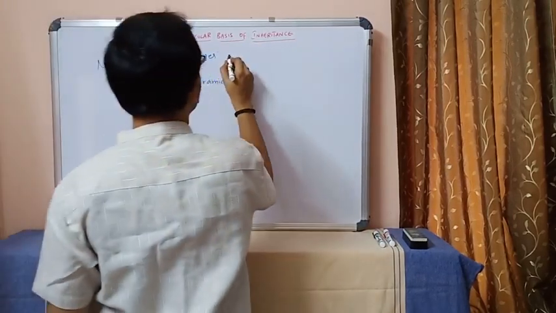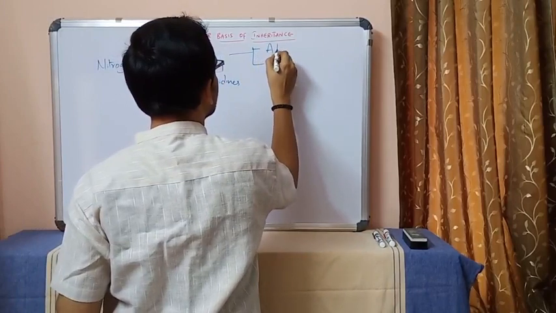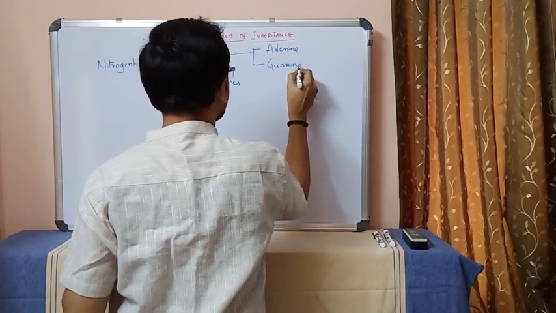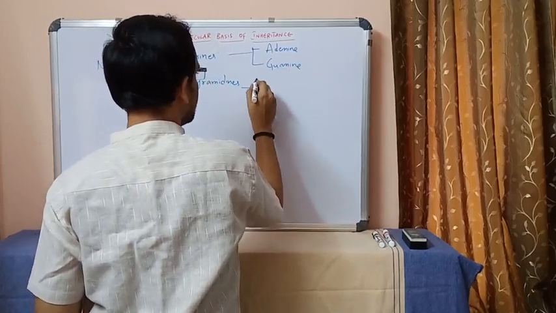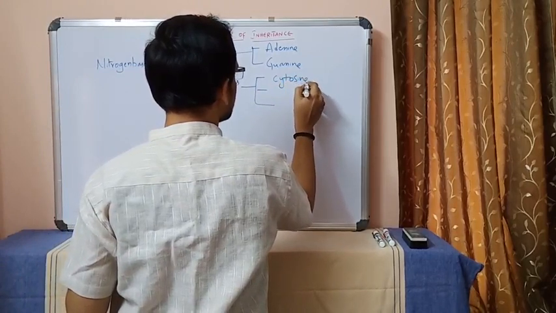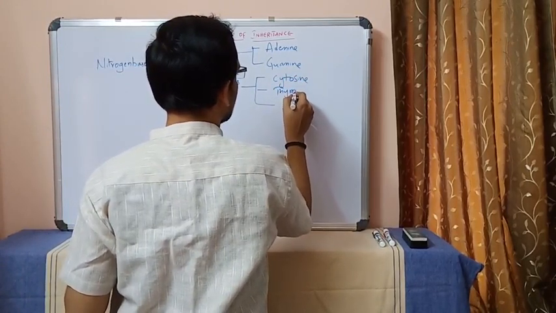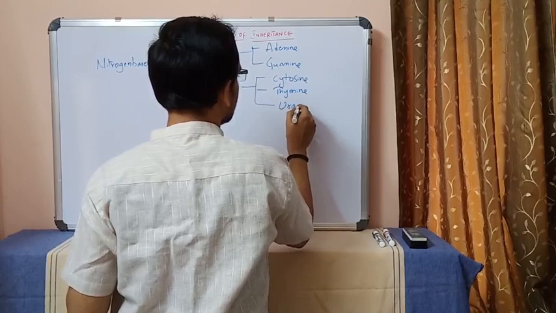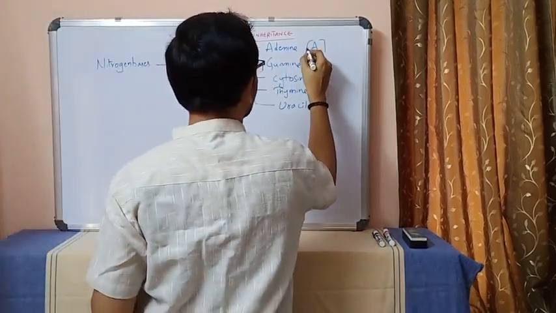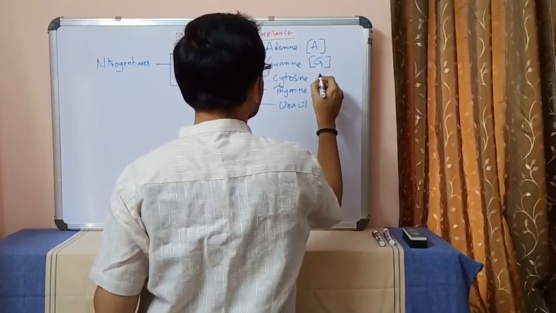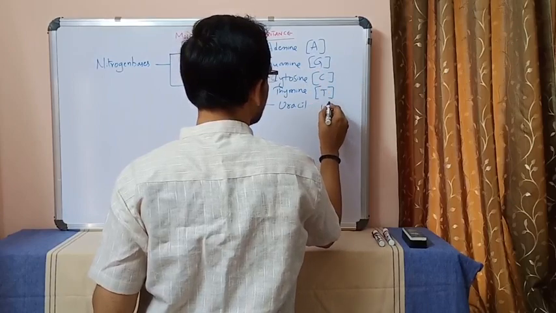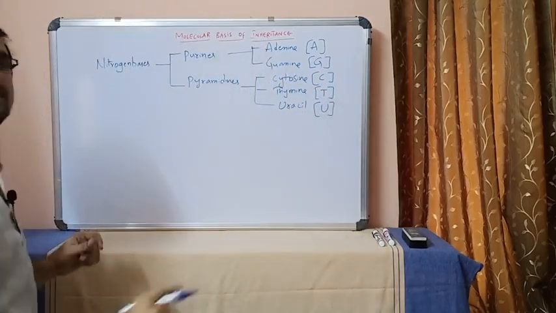Purines are of two types, adenine and guanine. Pyrimidines are of three types: cytosine, thymine and uracil. Adenine can be represented with capital letter A, guanine with G, cytosine with C, thymine with T, uracil with U.